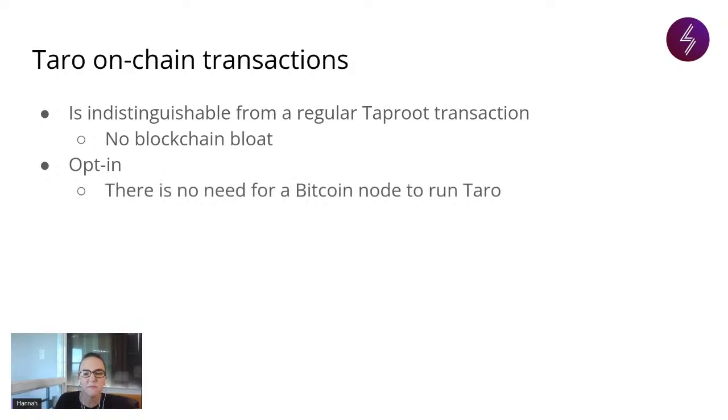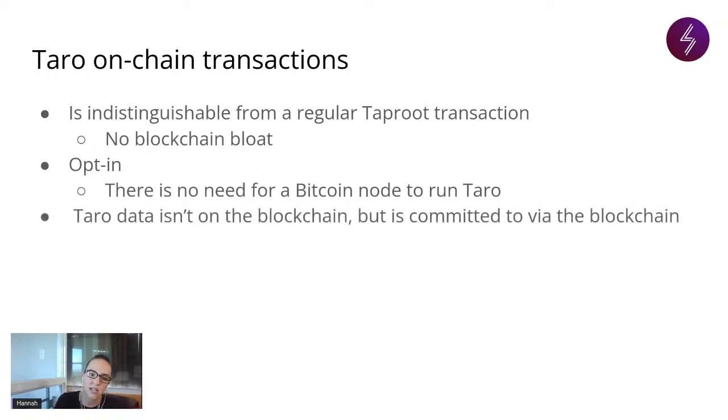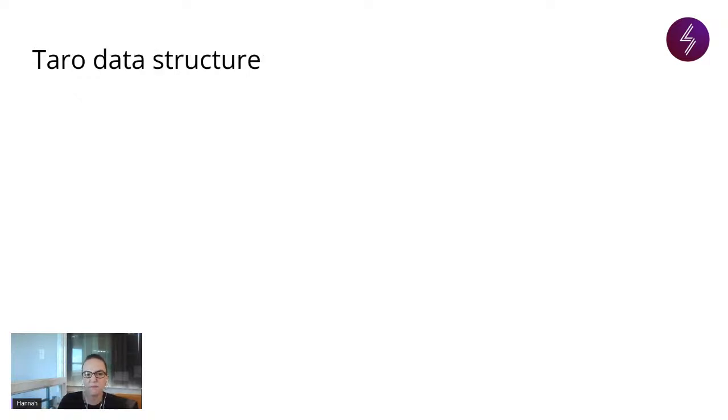There's no need for a Bitcoin node to run Taro. I like to think of Taro data as not so much on the blockchain as just committed to via the blockchain. We periodically create these new UTXOs which have the hash of that data embedded in them. So we're just periodically committing to this data.